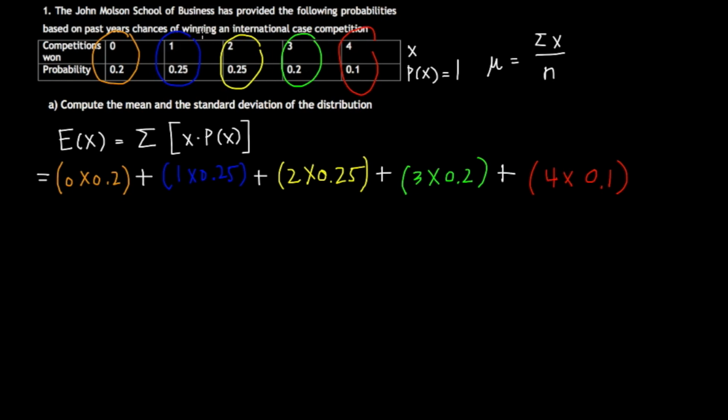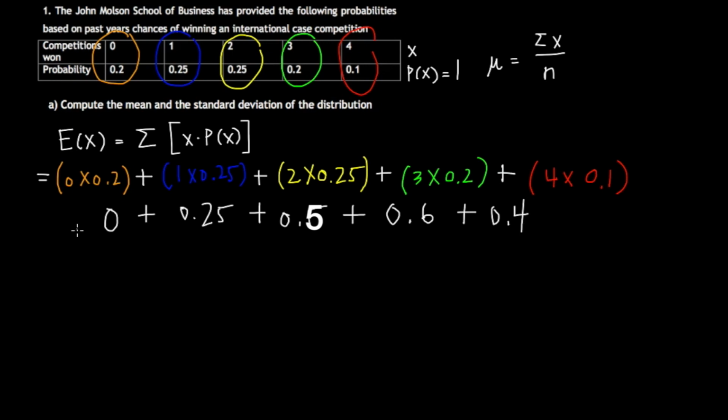So what does this tell us? This tells me that within this given year, here I win none. Here I can win 0.25 competitions. Here I can win 0.5 competitions. Over here I can win 0.6 competitions. And finally, for my final outcome, I can win 0.4 competitions.